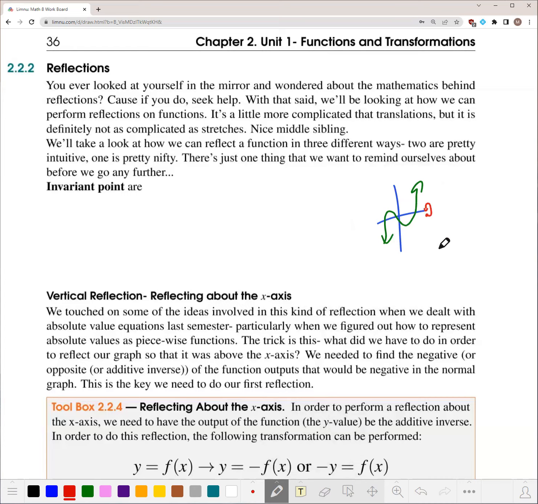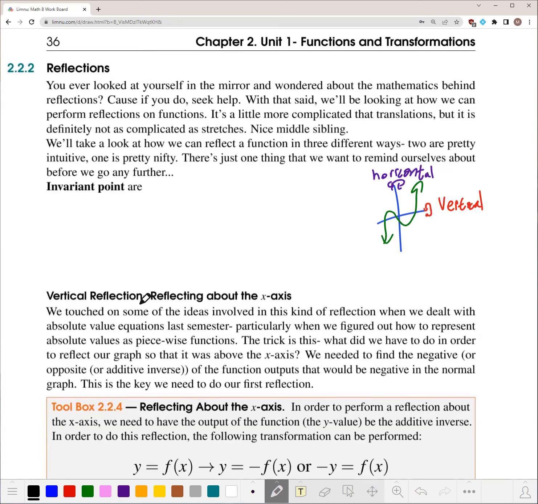So when we reflect about our x-axis, that's going to be a vertical reflection. And then if we reflect it so that it mirrors about our y-axis, that's going to be horizontal. And we'll see some really clear examples of this in a minute.